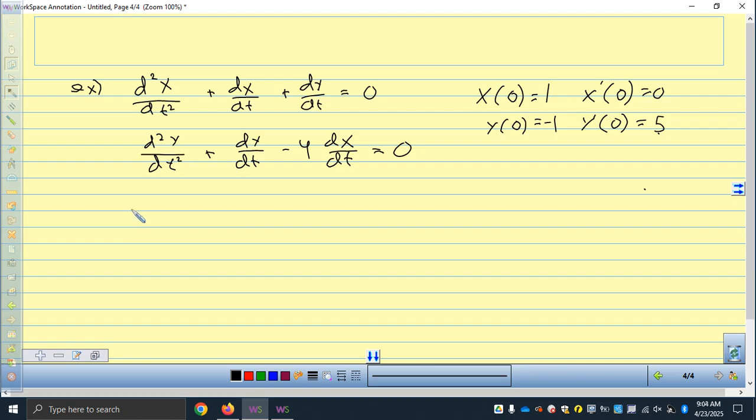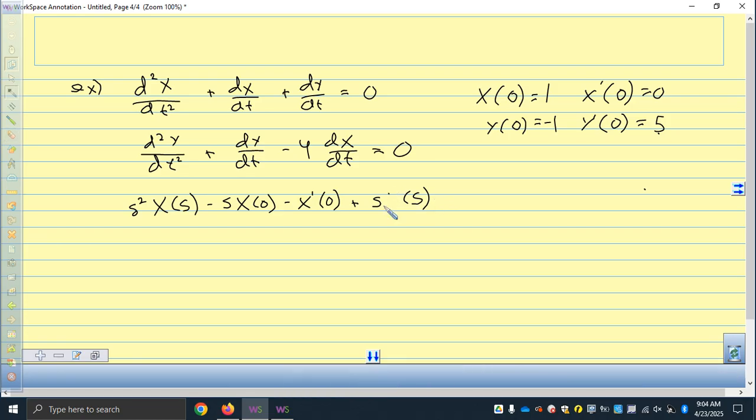So we get s squared x of s minus s x of 0 minus x prime of 0 plus s x of s minus x of 0 plus s y of s minus y of 0 equals 0. Transform of the first equation.